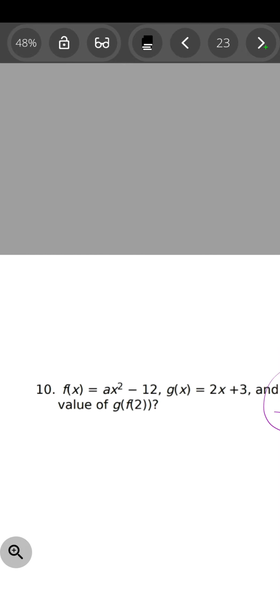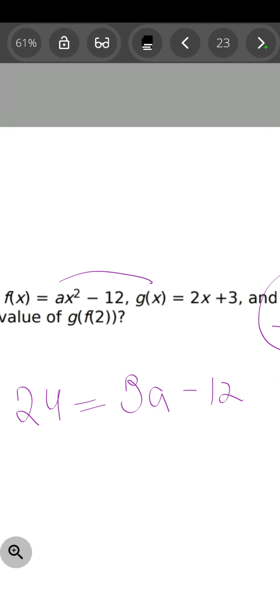Let's write 3 in the place of x in our first function f of x. 24 is equal to 9a minus 12. Let's add 12 to both sides of this equation. We'll get that 36 is equal to 9a, and divide both sides by 9. We'll get that a is equal to 4.